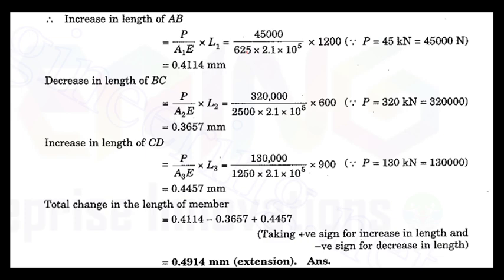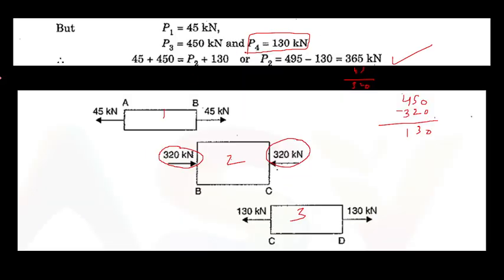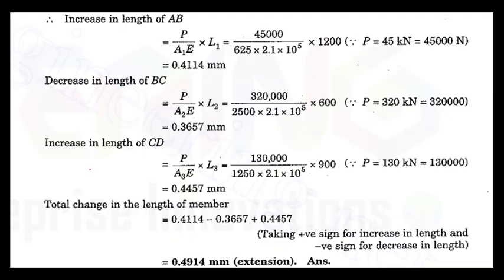Calculate the individual change in length. You have all seen in the last video that change in length is calculated by PL upon AE. So the change in each individual section is calculated. Change in length 1, change in length 2, in some cases increase and in some cases decrease will be observed, so you can write a negative value also.